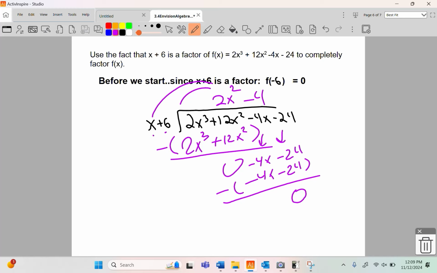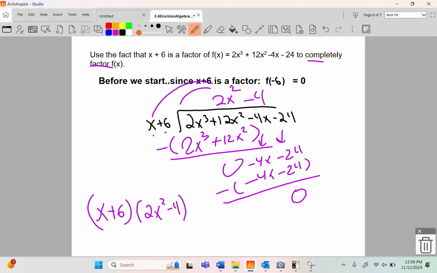Alright, so we're supposed to do what here? Completely factor. So x plus 6 went into this thing. What was left? Once we divided it out, we got 2x squared minus 4. Is it completely factorable?